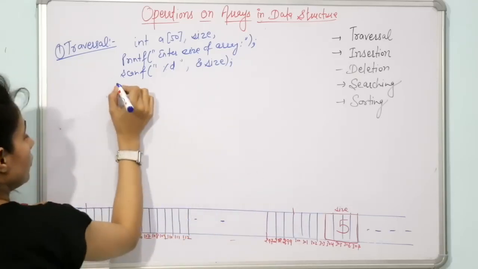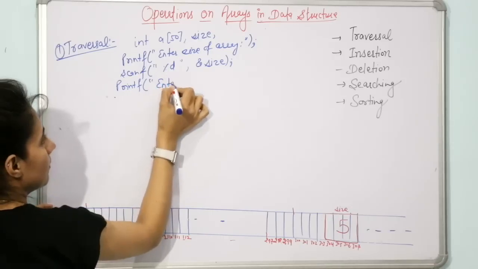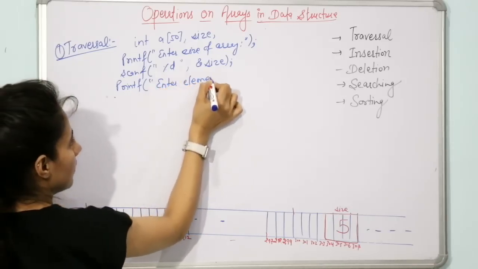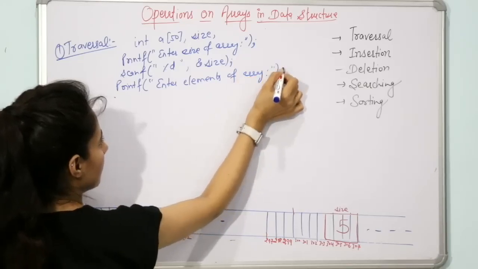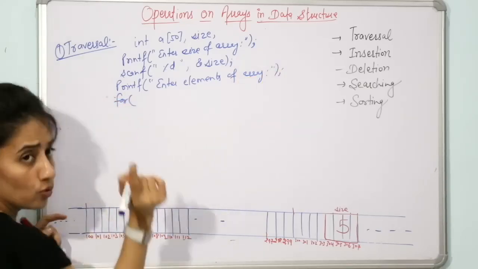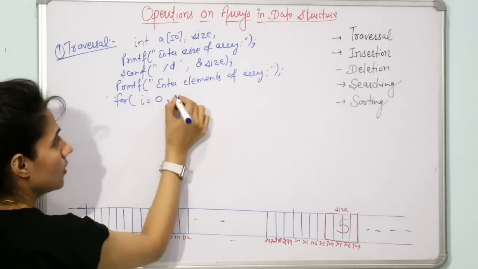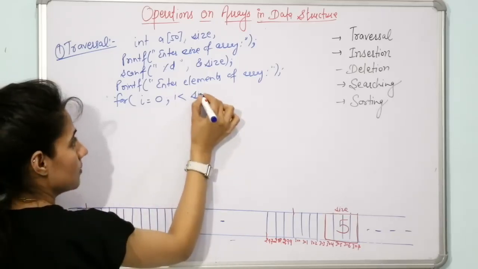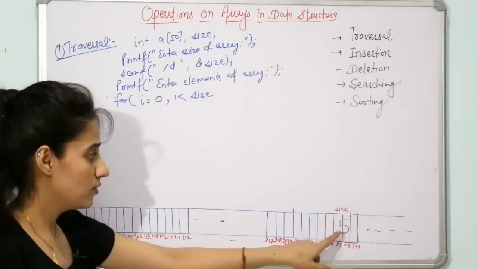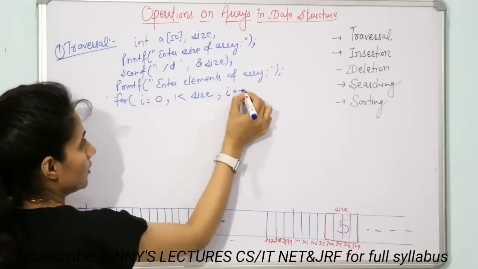So you will write printf enter elements of array, and you will write one for loop. The i value would start from 0, i would be less than size, less than 5, so the index would be 0 to 4, and i plus plus.